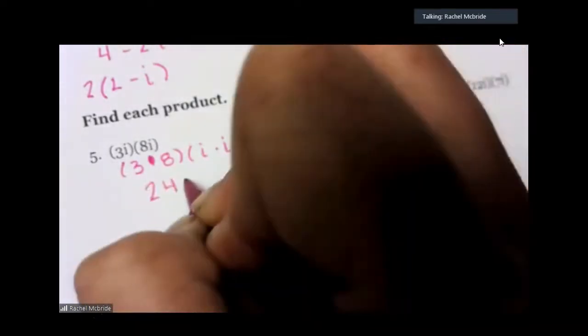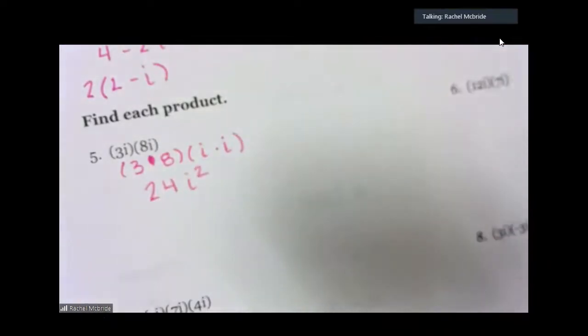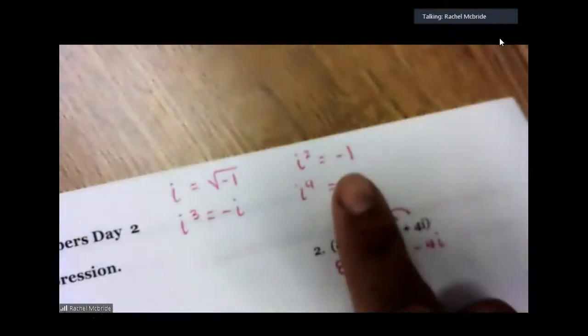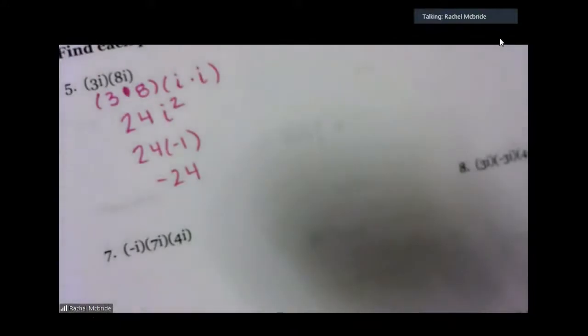That's i squared, but i squared is -1, okay, so that's 24 times negative 1. So negative 24. You don't have to show this line here. I just wanted you to see how we multiply the number times the number and the i times the i.